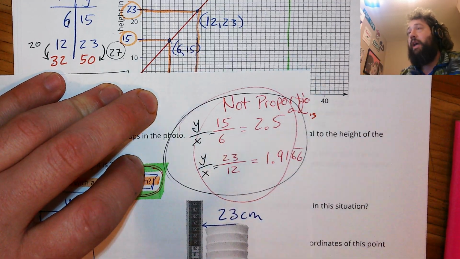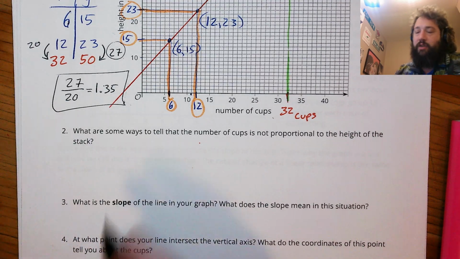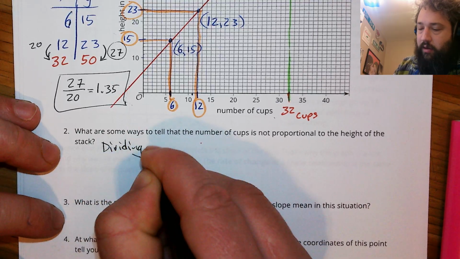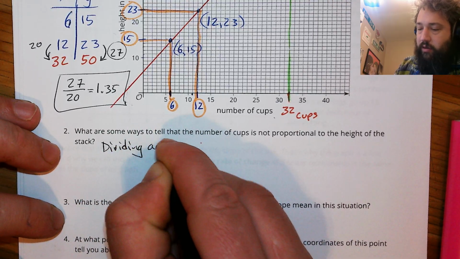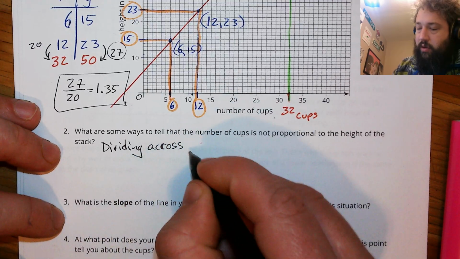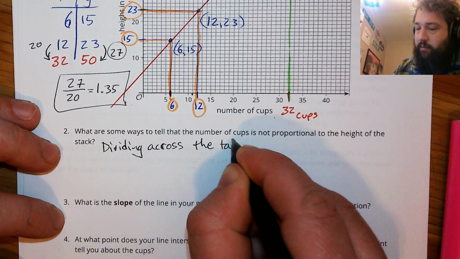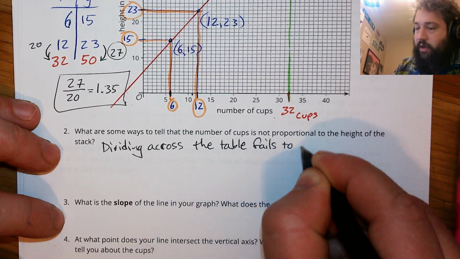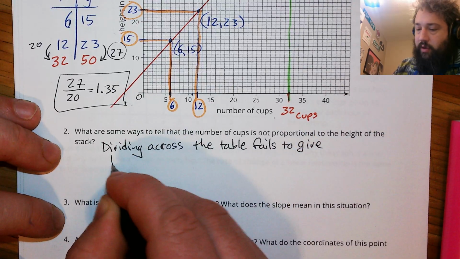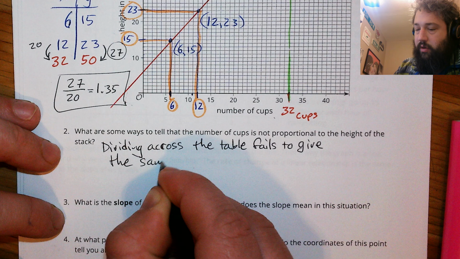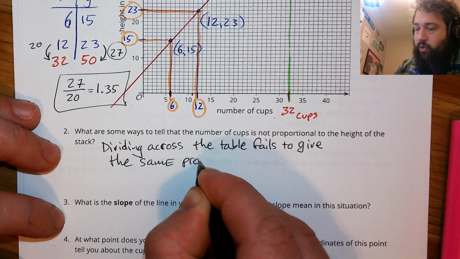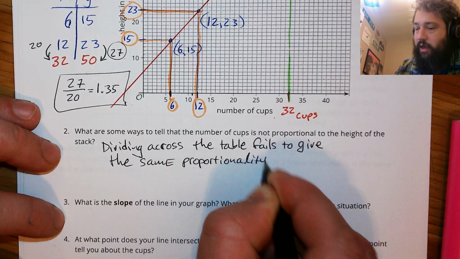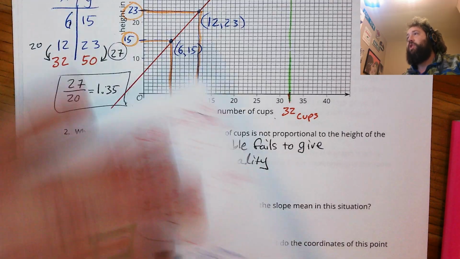So dividing across your table fails to give the same proportionality. Now this is the first thing.